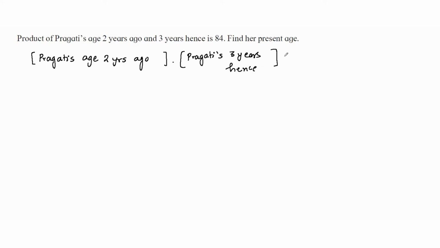This product is equal to 84. This is given to us. We have to find her present age. So let us assign her present age with some variable. So let's assume that the present age is x. So let Pragati's present age be equal to x.